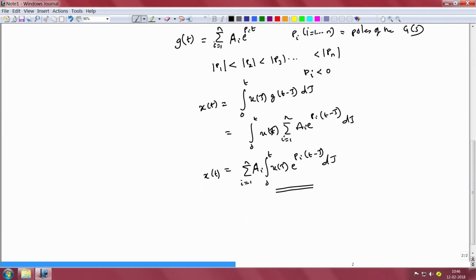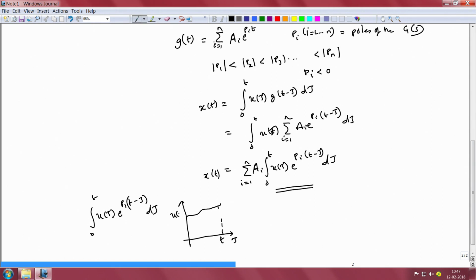Let us for example take the case of i being equal to 1, in which case the integral is integral 0 to t u of tau e to the power p1 times (t minus tau) d tau. How would this graphically appear? u of tau could be some input which varies in a certain manner up to tau equal to t.